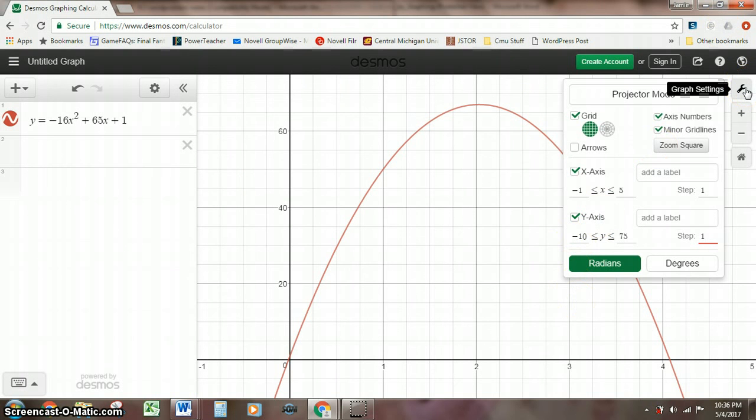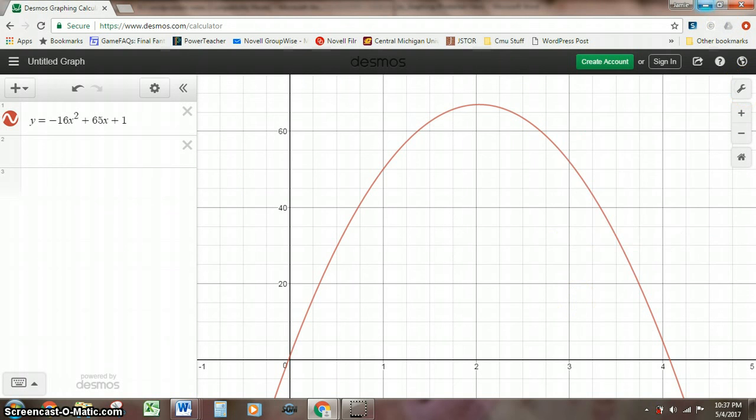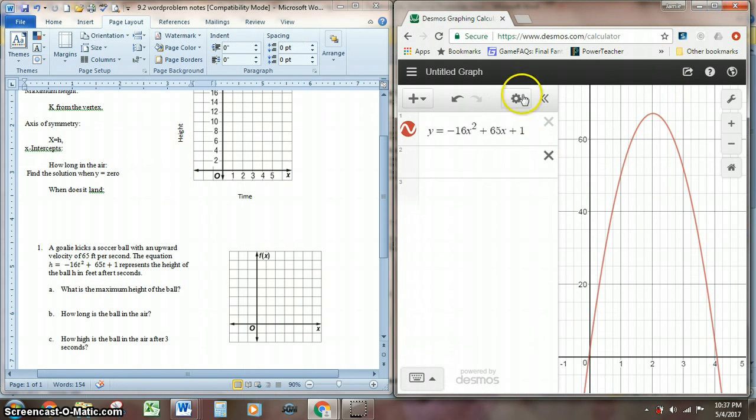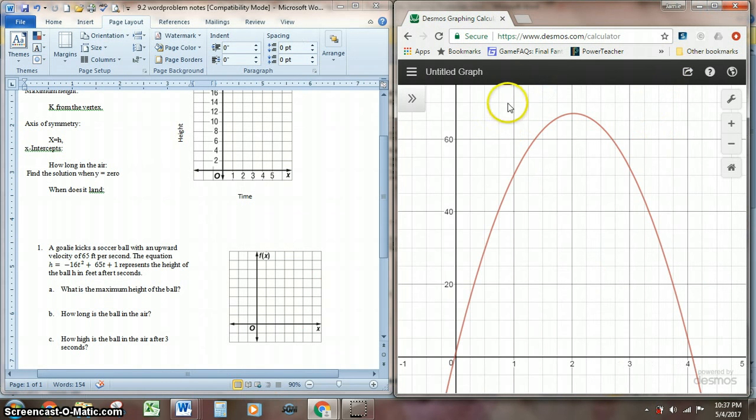Okay, so after you've got your graph set up to look somewhat like mine, and if it's not exact, that's okay, we're going to come back to the actual meat of the problem. Now, you'll notice there is a spot to graph, so you will need to do your best to make this graph fit. You can go 1 second, 2 seconds, 3 seconds, 4 seconds, 5 seconds pretty easily and get a pretty good picture.